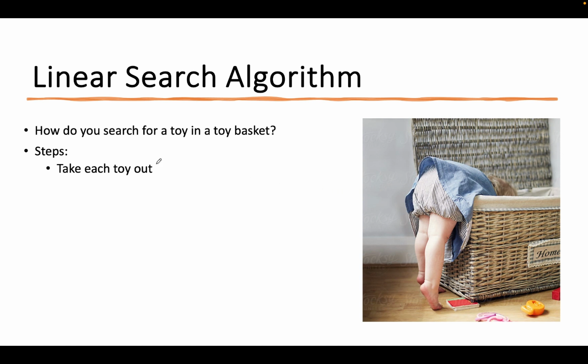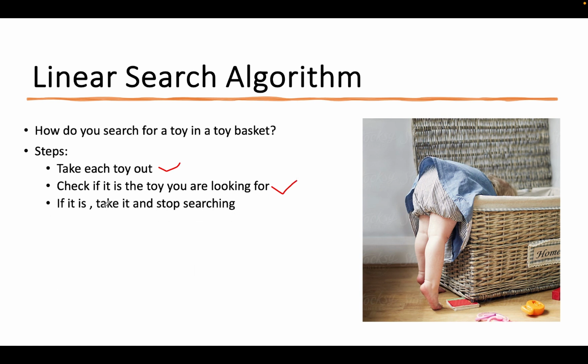So the step is, first you take out one toy, right? Check if this is the toy you are looking for. Are you following? If it is the toy you are looking for, take the toy and stop searching. That easy.